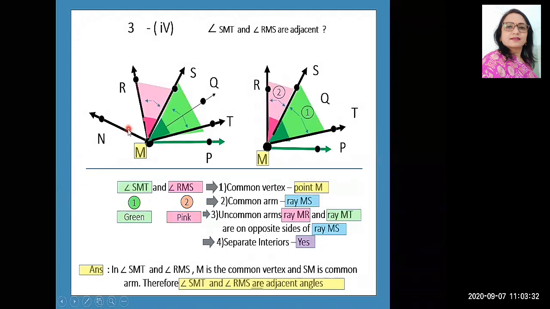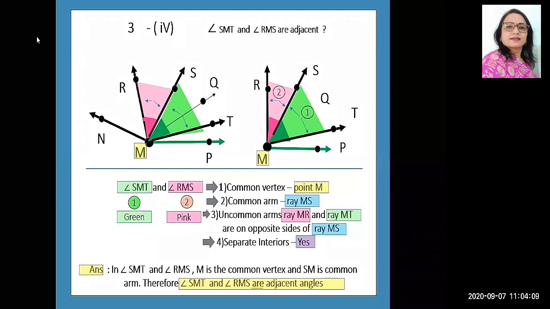The last question: are angle SMT and angle RMS adjacent or not? See here, angle SMT is angle 1 in green color, and angle RMS is in pink color.